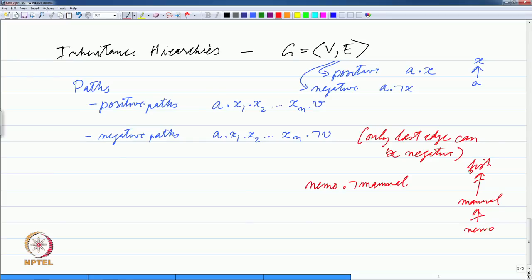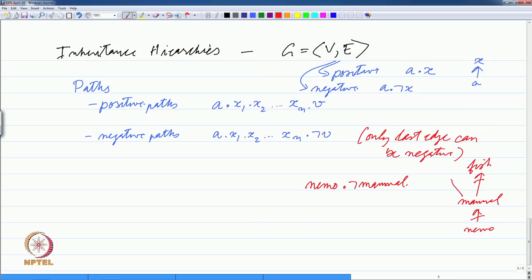So, I have a knowledge base in which say mammals are not fish, and I am saying Nemo is not a mammal essentially, or I can say mammals are not birds. So, these are paths which have more than one negative edge.